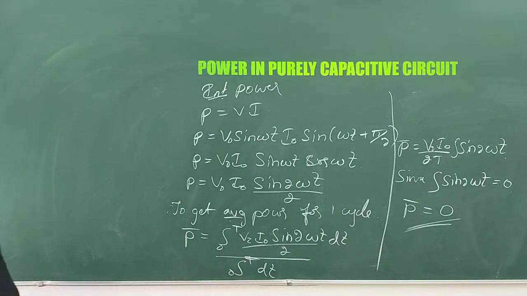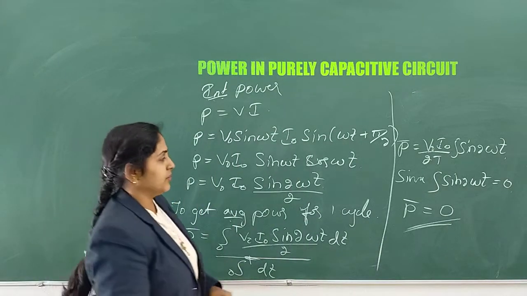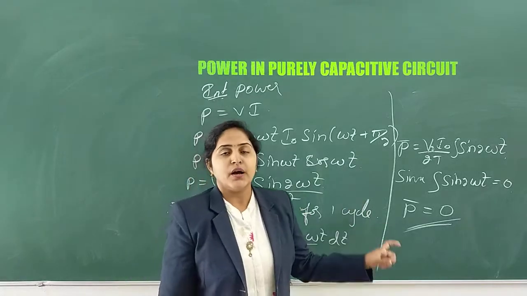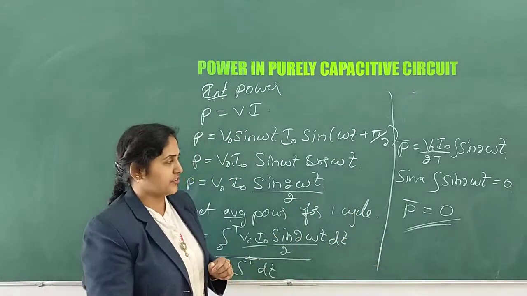So here also, in case of a pure capacitive circuit, the average power over one complete cycle is 0.